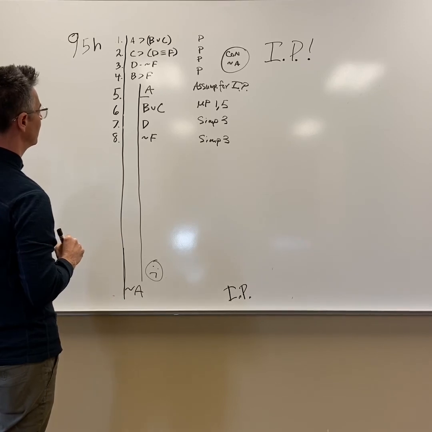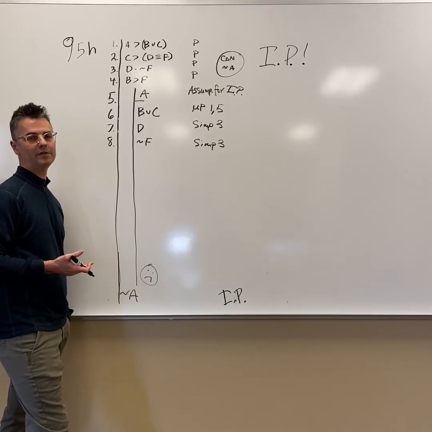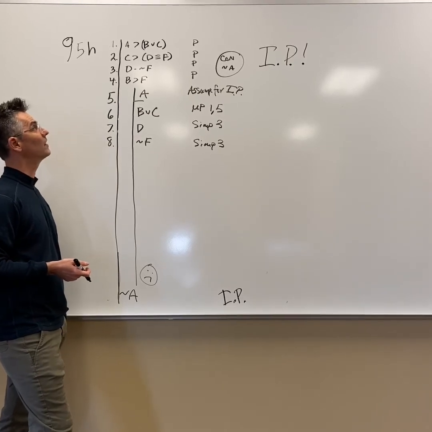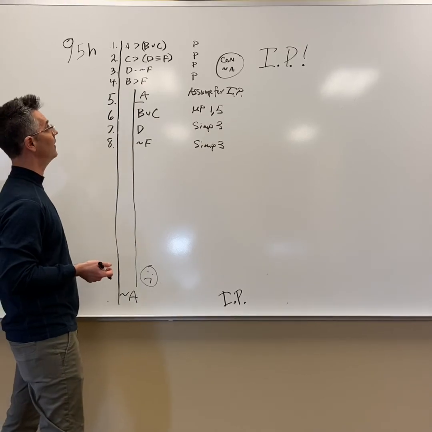Did that get us anywhere? Let's see what we want to do next. I think there are going to be lots of ways to solve this proof, but one way would be to use the rule of dilemma. So you might look at this and see what kind of candidate for dilemma we've got from the available steps.